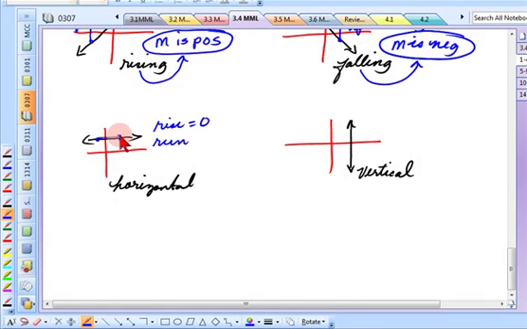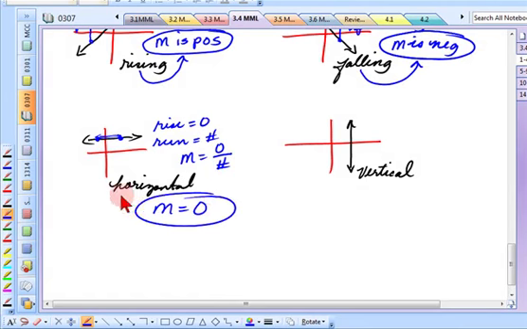It might be positive, it might be negative, because I don't know which way you're going to move, but it's going to be some kind of number. What is 0 over a number? Rise over run. It is 0. M equals 0 is the conclusion. A horizontal line has a slope of 0.